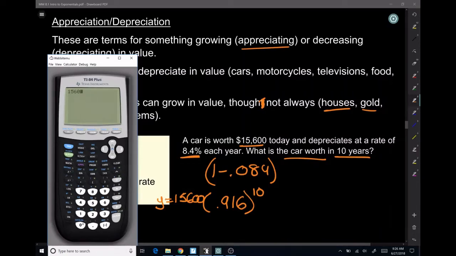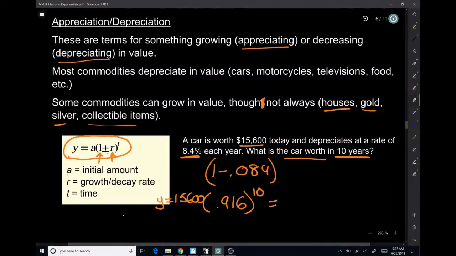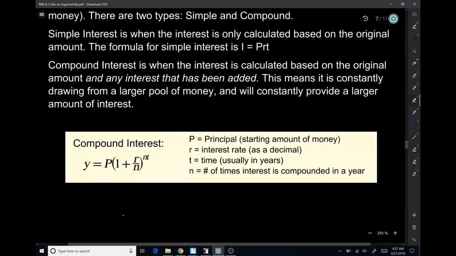So I'm going to do 15,600 times 0.916 to the 10th. $6,487. So it fell pretty fast. That's depreciation. Had it been appreciation going up, we would have added. But it wasn't, so we didn't.